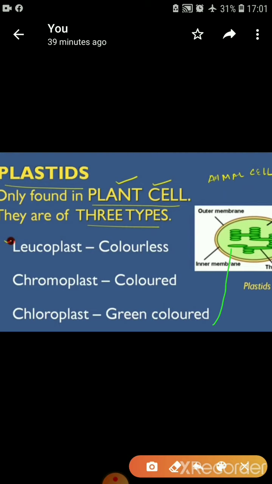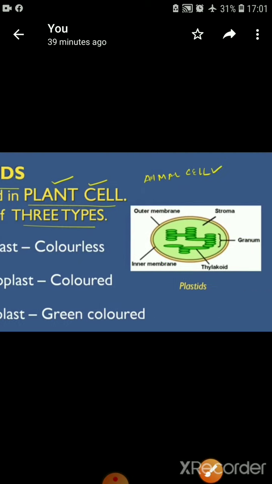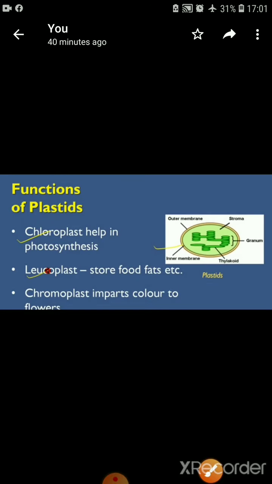And chlorophyll is helpful for photosynthesis. That means if leaves have chlorophyll, they have chloroplast, and chloroplast helps in photosynthesis.